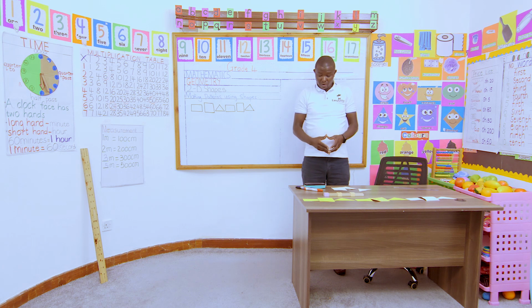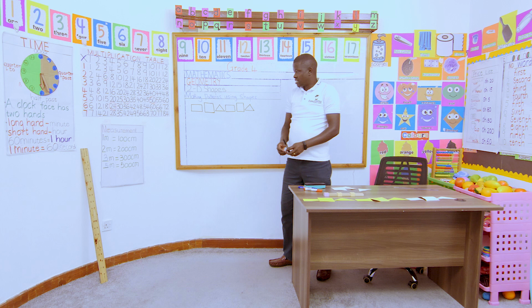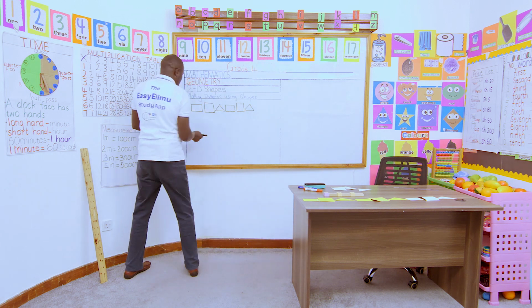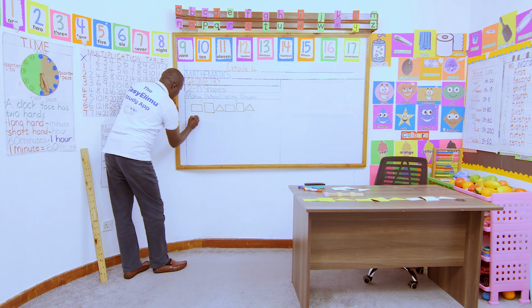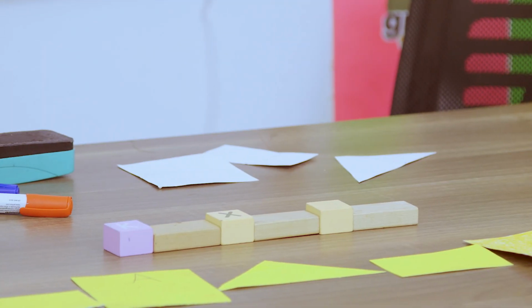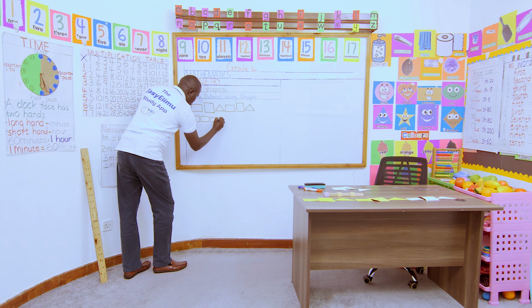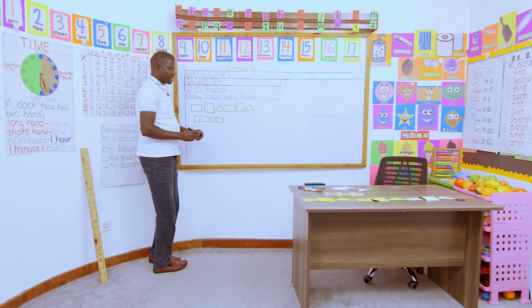Learners, this is how we form patterns using shapes. We have started with a square, followed by a rectangle, followed by a square, followed by a rectangle, and the chain continues. This is just a sample.